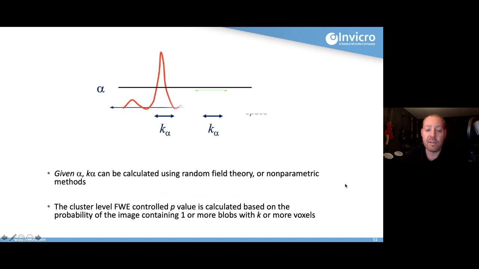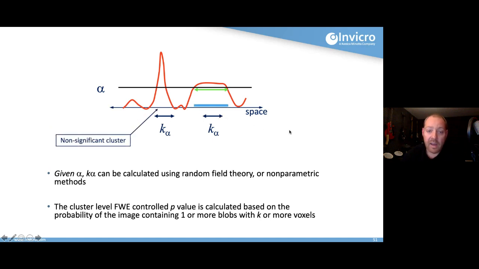What cluster level thresholding does is it defines a threshold we call kappa, as well as the alpha threshold, which is a spatial threshold. So in this case, the kappa threshold is this wide, and using our spatially adjusted threshold, what this means is, okay, this is very highly activated, but it's also small.